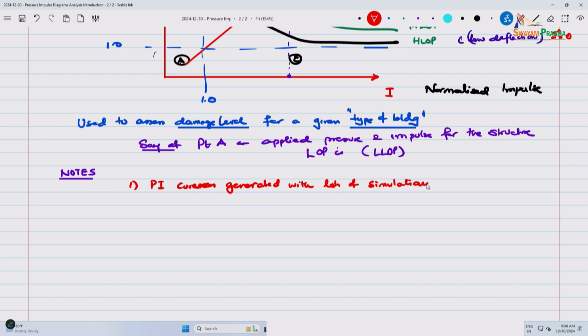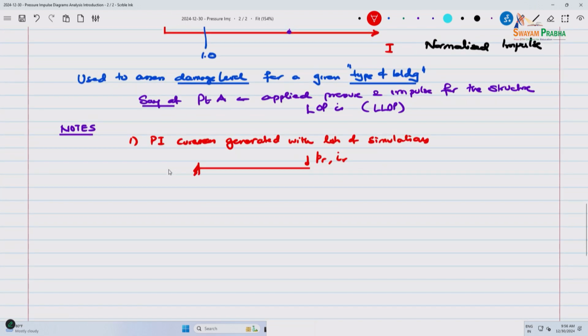So for example, let's say you have a simple structure and you are applying a PR and IR at this end. Then you normalize it, and then you will find the delta here.